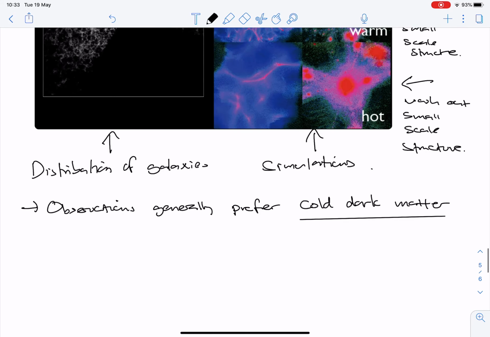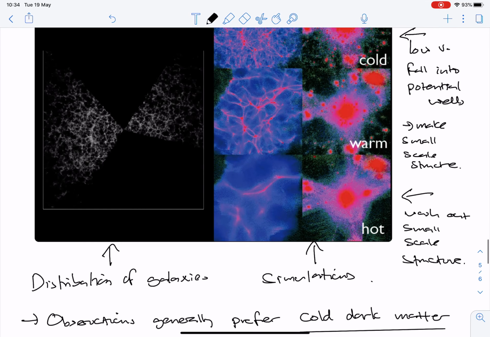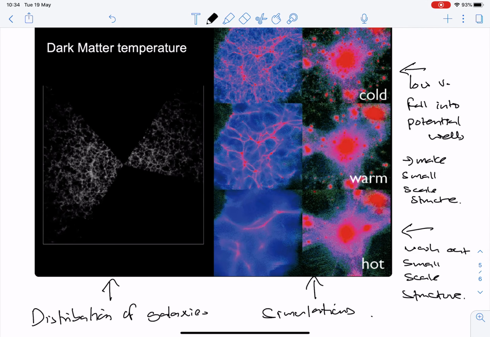It's why our benchmark universe is called lambda CDM. It stands for cosmological constant cold dark matter. And so that is roughly what we're looking at.